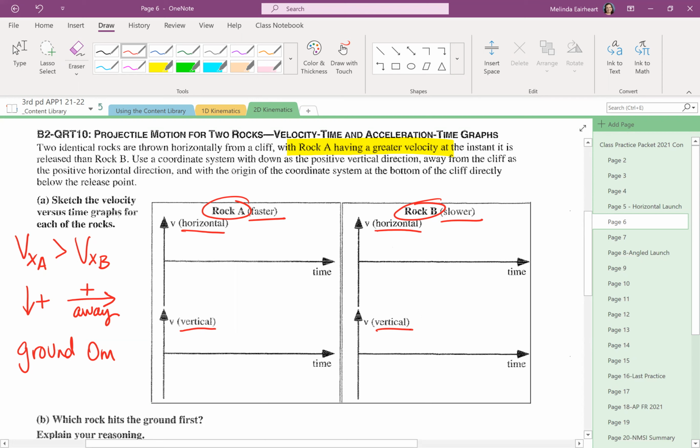So let's just look at rock A. What's the horizontal velocity gonna do in rock A? Is it 0? Is it changing? Are we curving, diagonal, horizontal? It's going to be constant because the nature of horizontal, it's constant. Above or below?